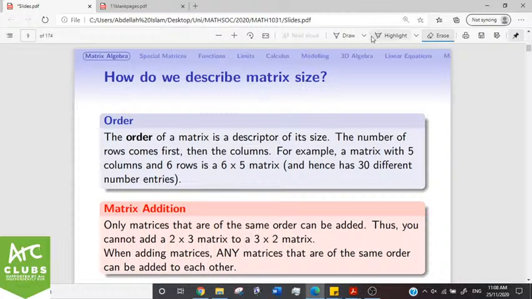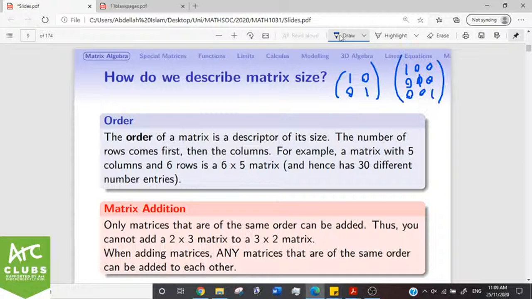One important thing we can see is that matrices have a size attached to them. You can have a matrix that looks like this, or a matrix that looks like this. We call this a 2 by 2 matrix, and this is a 3 by 3 matrix.